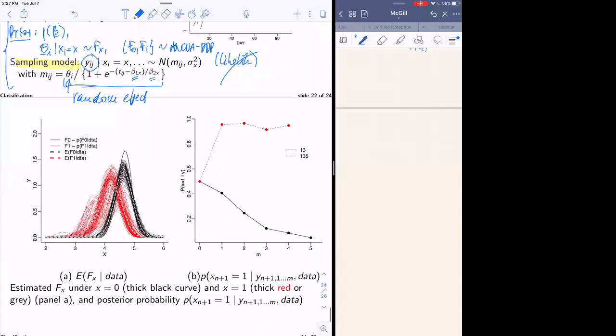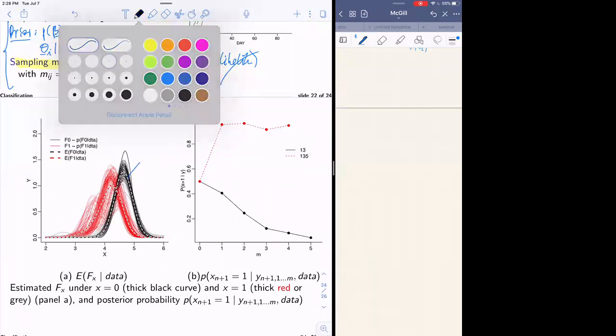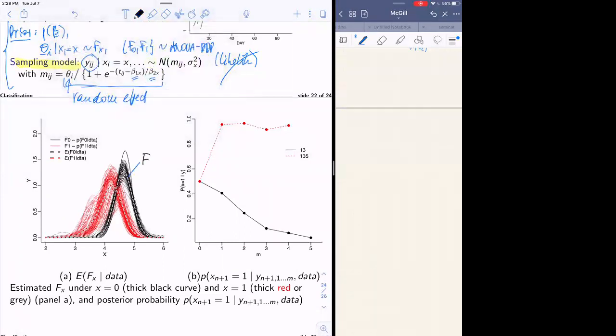Here is what this becomes in the end. You see in the left figure, you see inference on the f null and f1. Oh, this is addressing what Alex asked before, right? So in black is the f null. The dashed line is the f null bar.